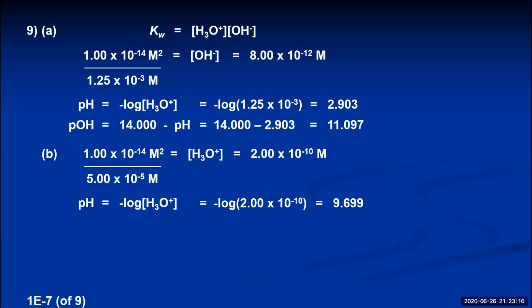The pOH is going to come from the relationship pH plus pOH equals 14.000. So solving for the pOH, I would go 14.000 minus 9.699, and that gives me a pOH for the solution of 4.301.